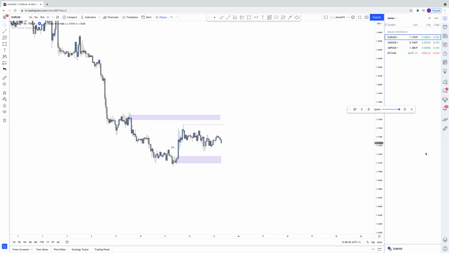So the hourly time frame, if we start here, we had this push up, which is a bullish break of structure. We previously took out this low here.